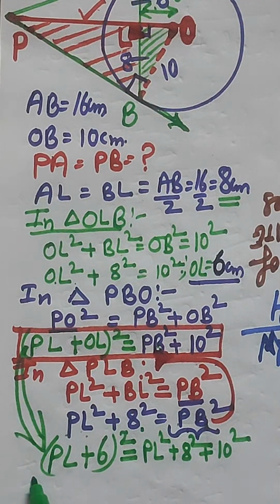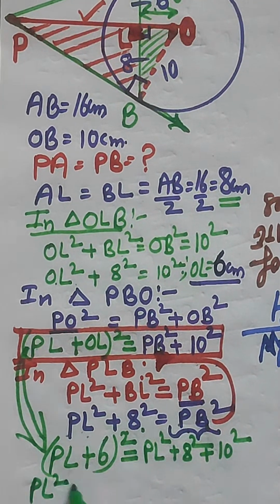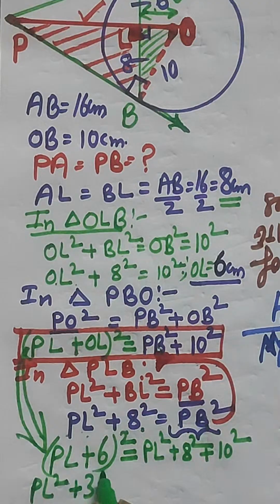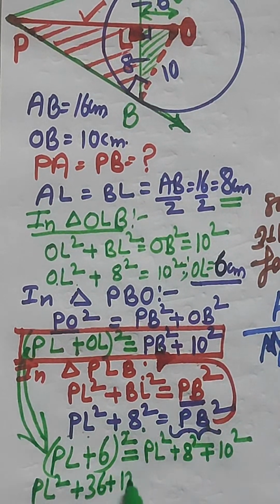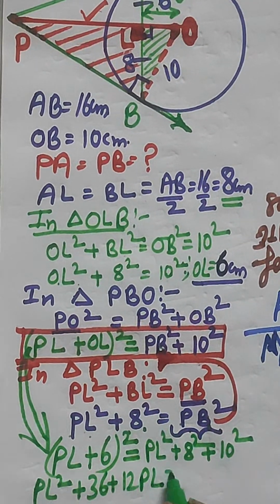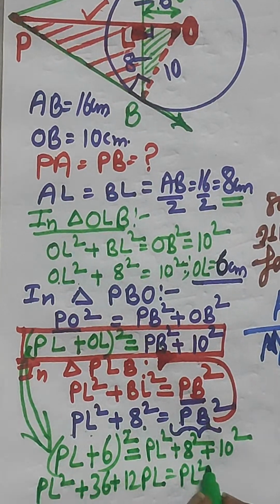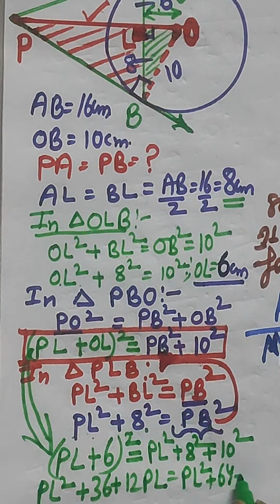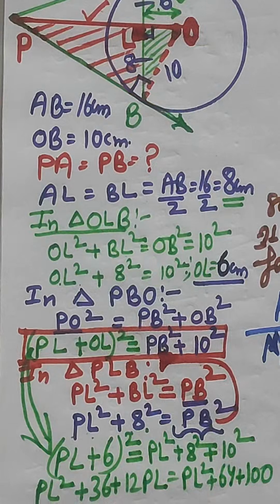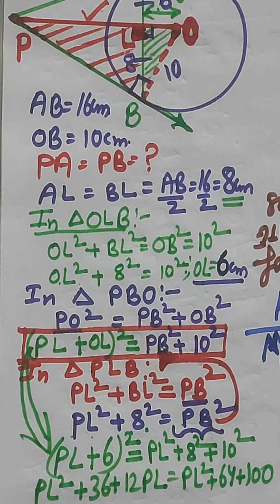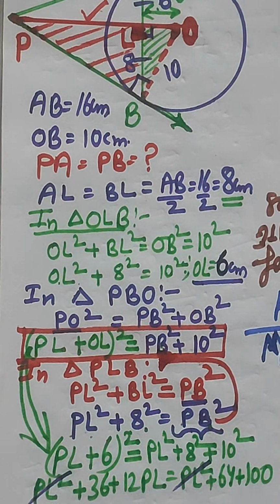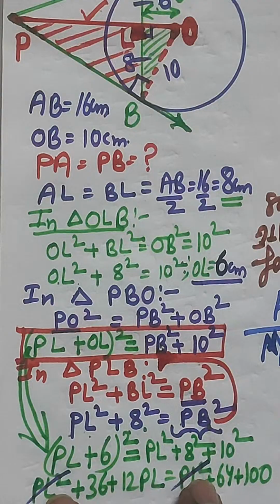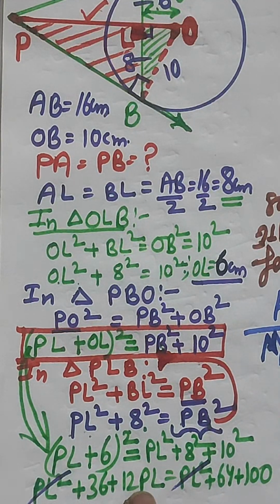It can be written as PL square plus 36 plus 12 PL is equal to PL square plus 64 plus 100, right? Here PL square and PL square cancel out, so we can easily calculate the value of PL.